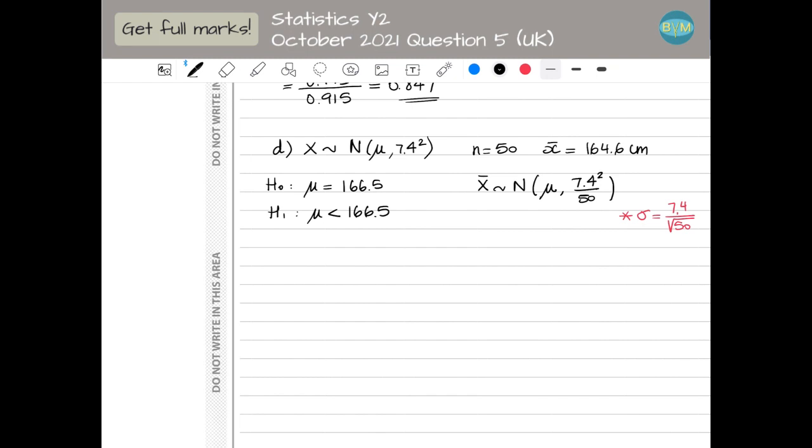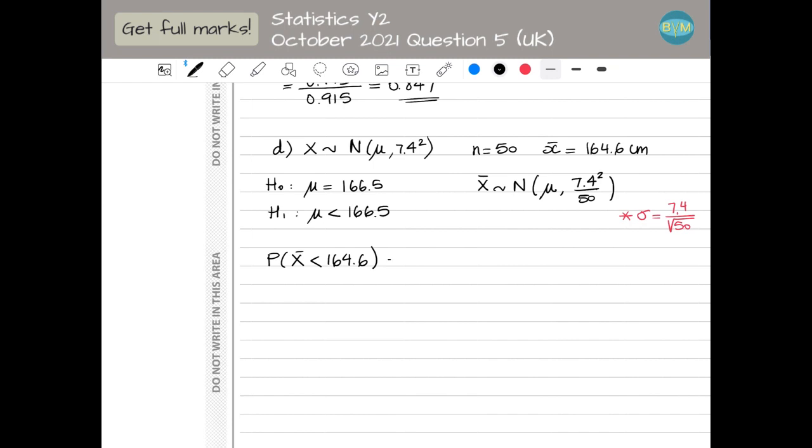What we are going to do now is to see if the probability of the mean being smaller than the observed value, and remember this is always the same: if we are in the left tail, it's going to be smaller than, and if we are in the upper tail, it's going to be greater than.